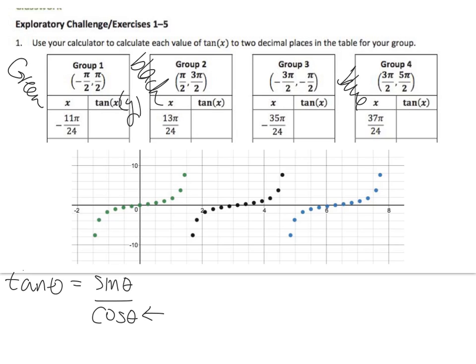It's undefined at pi over 2 plus k pi. So we actually have an asymptote at each pi over 2 repeating.